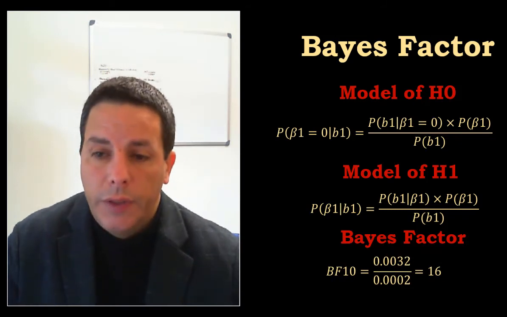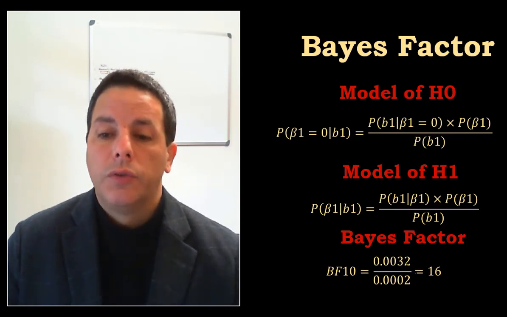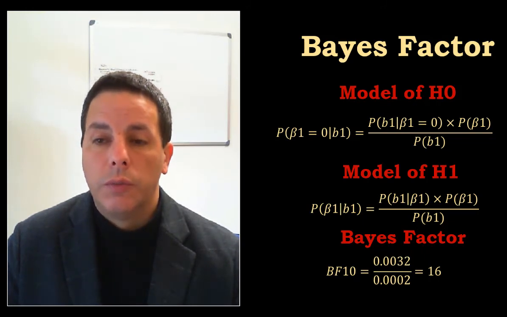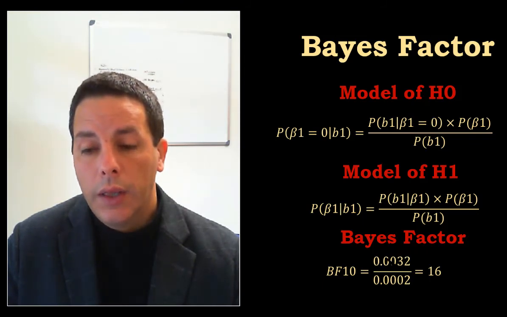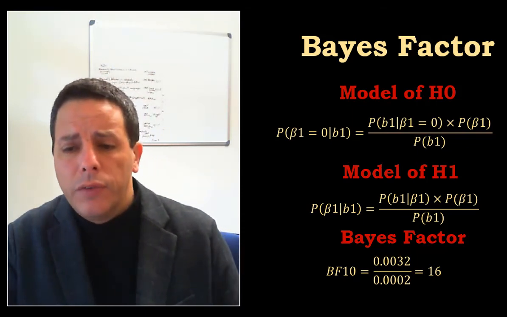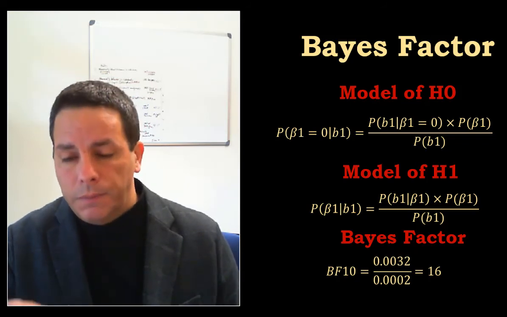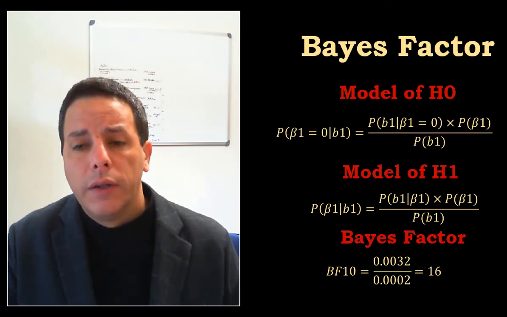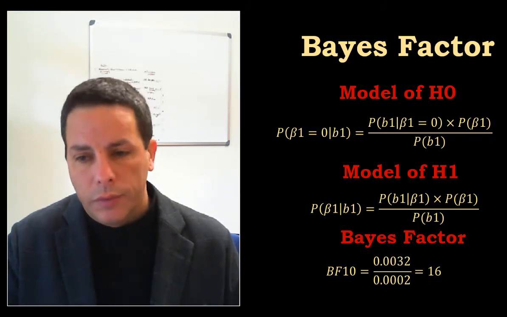For example, if the probability of B1 under the alternative model is 0.0032, and the probability of B1 under the model of the null hypothesis is 0.0002, then the ratio is 16, and the Bayes factor is 16, and that means that the data under the model of the alternative hypothesis is 16 times more likely than under the model of the null hypothesis.